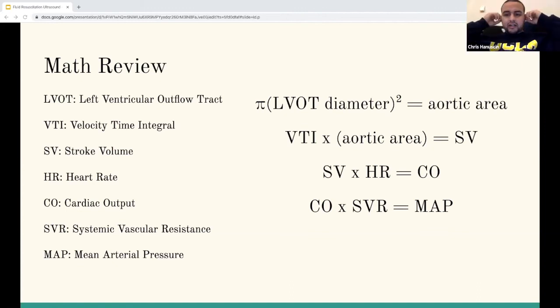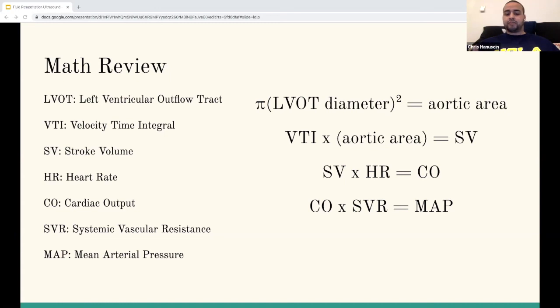Great talk, Lainey. I think one great application of this exam is to know when to start pressors. A lot of times we start pressors without adequately resuscitating patients. So you can use this exam, the VTI changes, to know that there can be fluid tolerance, but when the VTI doesn't pass that 12% threshold, then you know that they're not fluid responsive anymore.